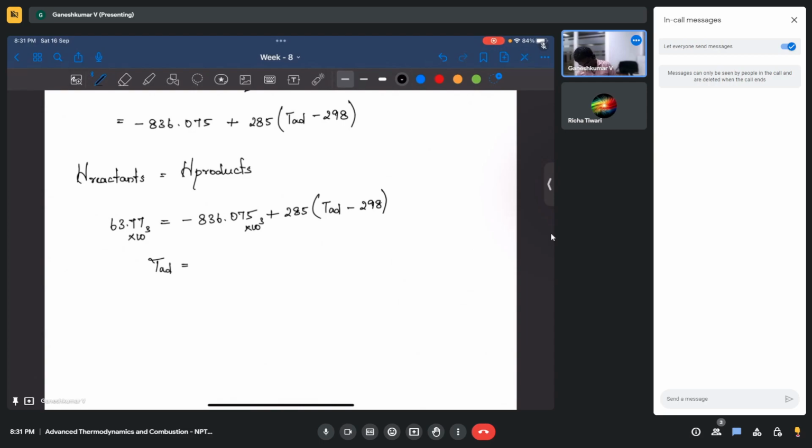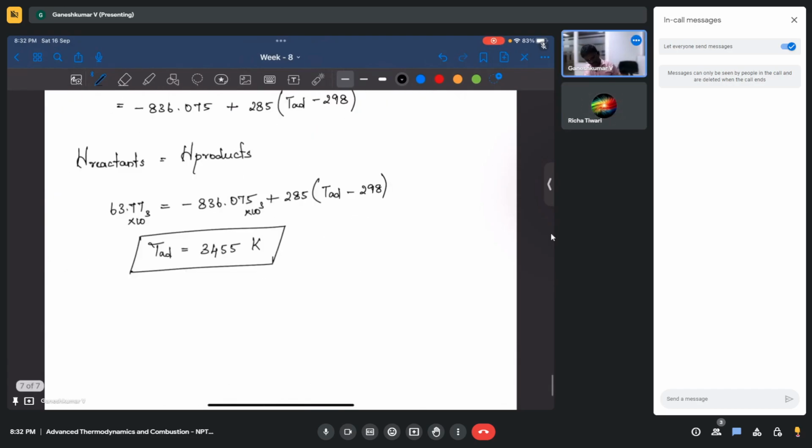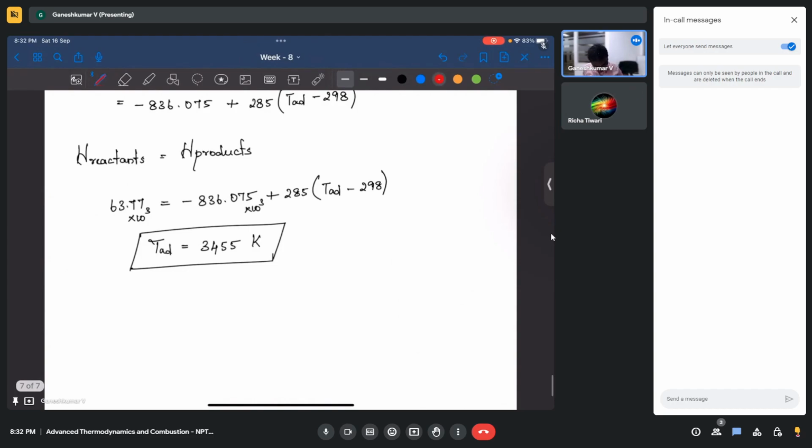Are you getting around 3455 kelvins? Yes. So this is the adiabatic temperature, and this is how you find it.